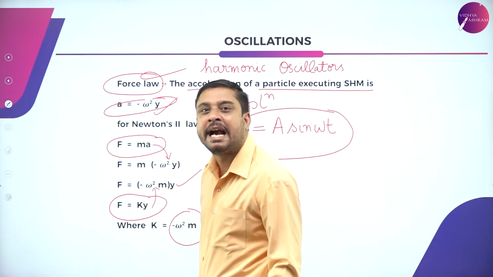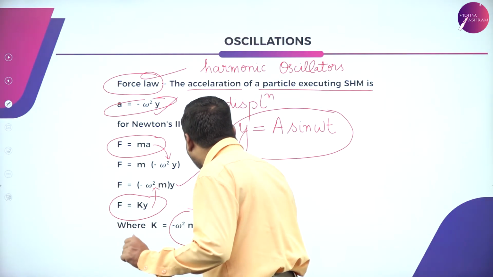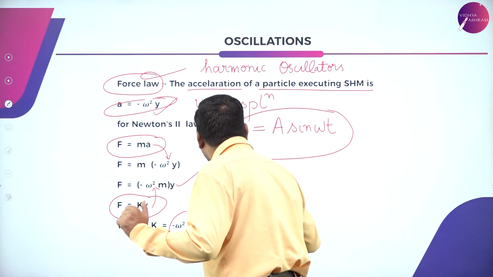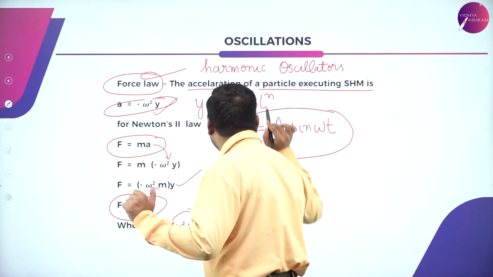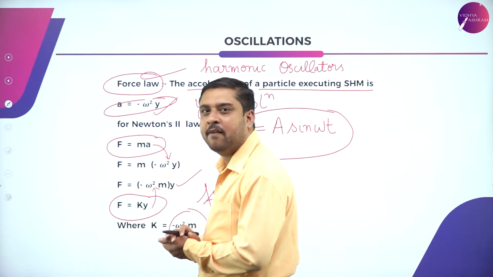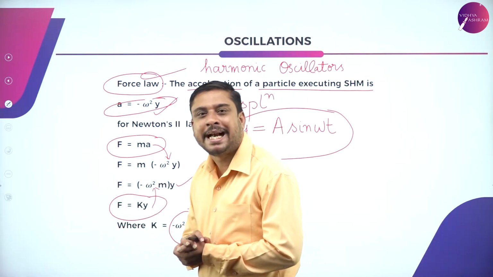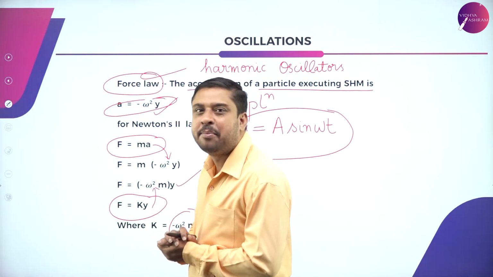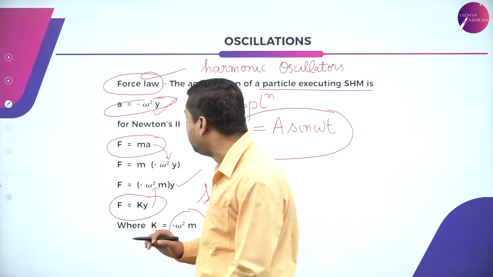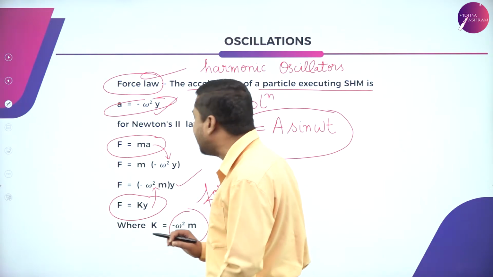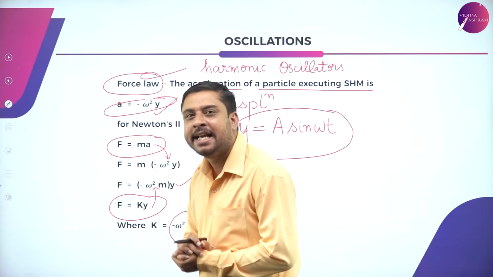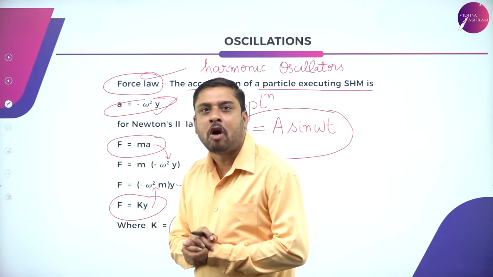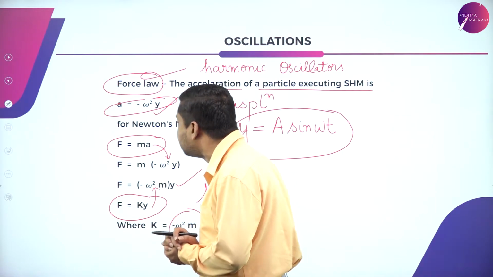Minus omega square m, and this K is called the force constant. A very important term to understand simple harmonic motion. K equals minus omega square m, which is called the force constant.